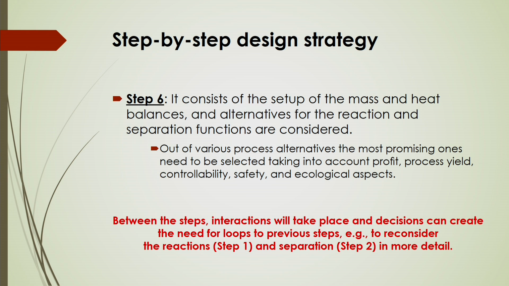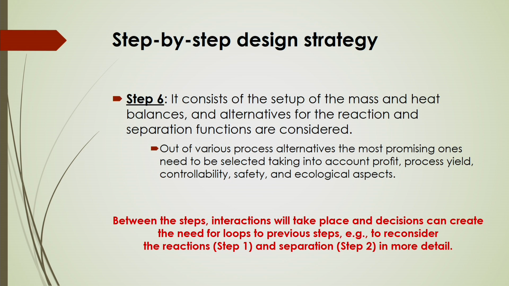So, between the steps interactions will take place there, and decisions can be considered where the need for loops to the previous steps is required, and in that case as an example you can say the consideration of the reactions for step 1 and the separation as step 2 to be known in detail.